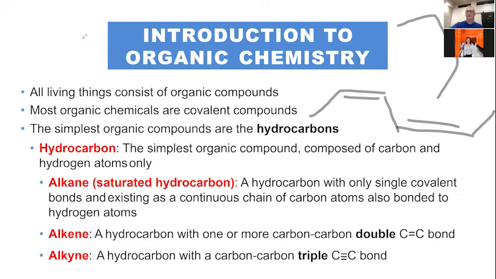They'll look like this. So they don't stack up on each other quite as well as saturated molecules do. And so they have less London dispersion force because of the shape. Their shapes don't allow them to make as much contact with the other molecules. And so if there's less London dispersion force, that means they don't interact quite as strongly, and they are liquids at room temperature.